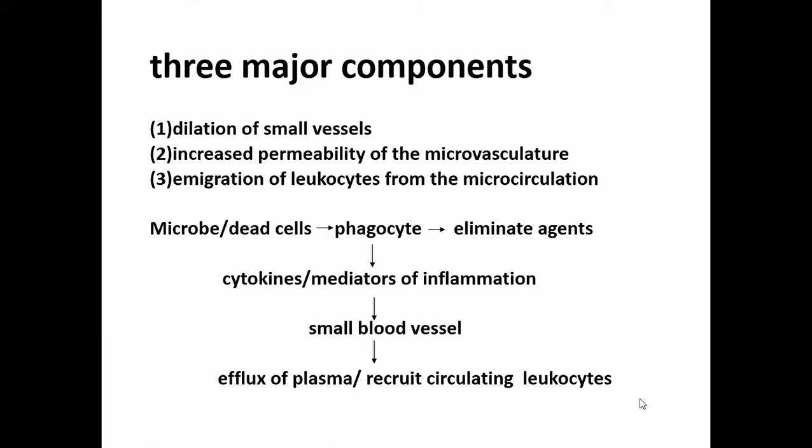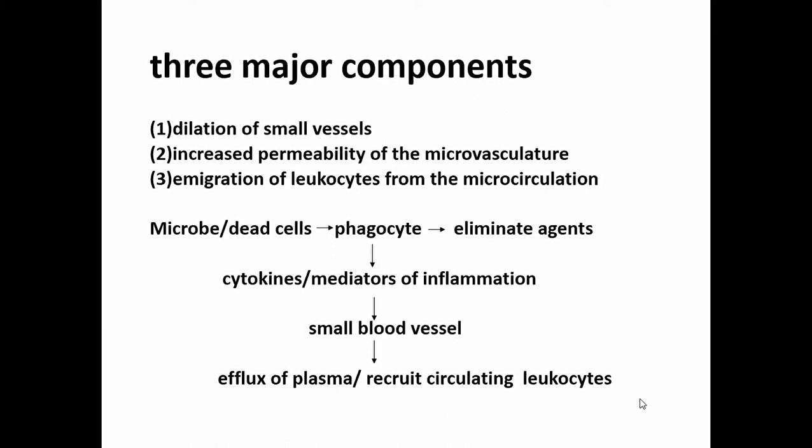So when an individual encounters an injurious agent like microbes or dead cells, phagocytes that reside in the tissues try to eliminate these agents. At the same time, these phagocytes and the sentinel cells in the tissues recognize the presence of the foreign or abnormal substance and react by liberating cytokines, lipid messengers, and other mediators of inflammation.